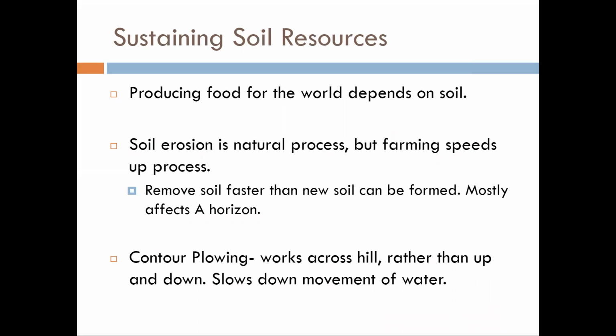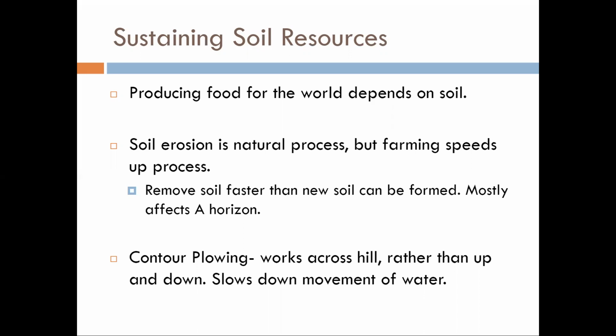Soil erosion is a natural process, but farming speeds up this process. So when we think about producing food for the world, is that a lot of farming? Is that a lot of soil you're using to do that farming? Yeah, right?